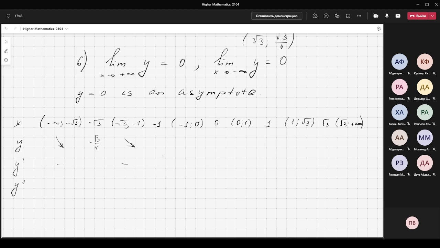At the point minus 1, the value of our function equals minus 1 over 2, and the first derivative at this point equals 0. It is a point of minimum. We find it, minimum.